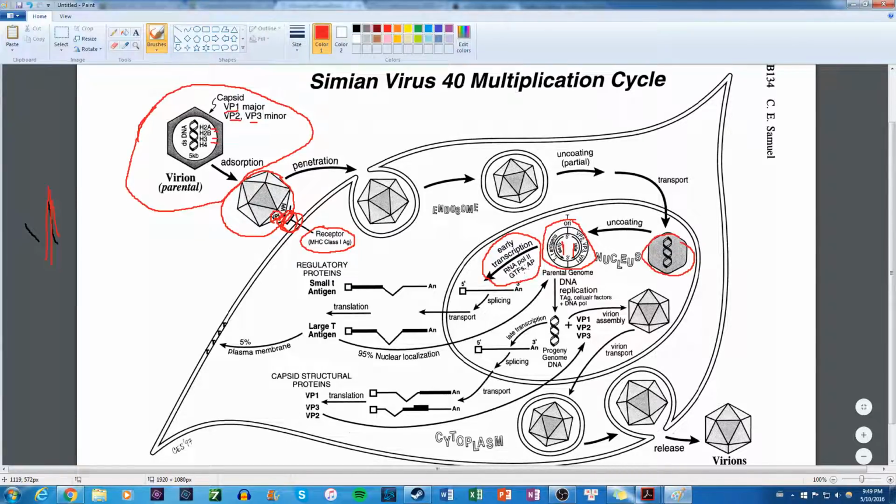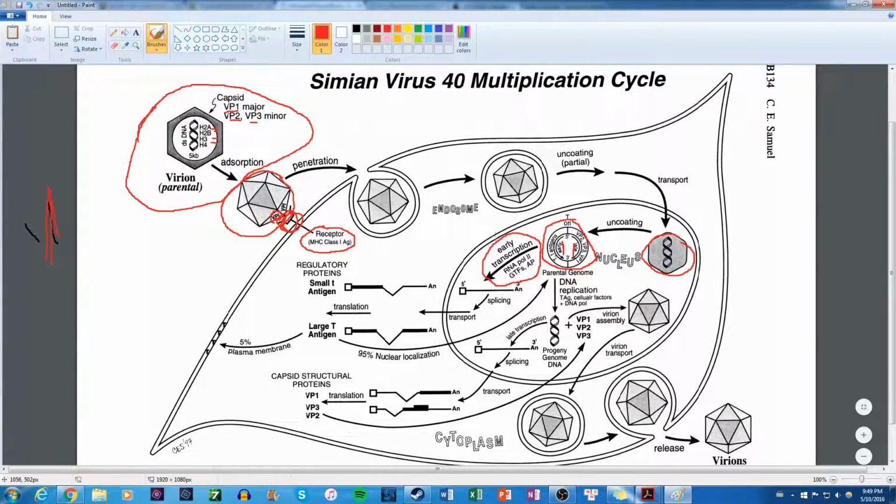So SV40 exploits RNA polymerase II to do early transcription. So this is transcription before the SV40 has replicated its DNA, right? Because it needs a bit of the T antigens to get everything started.